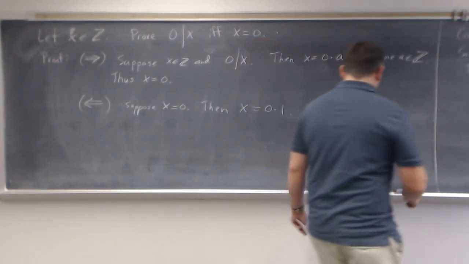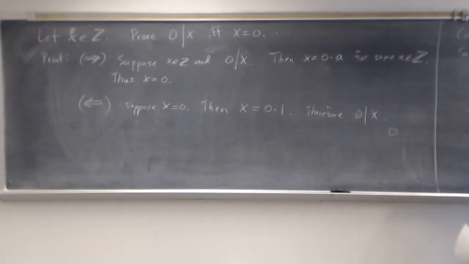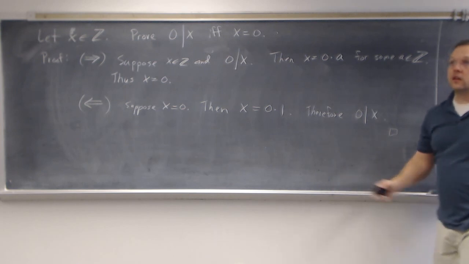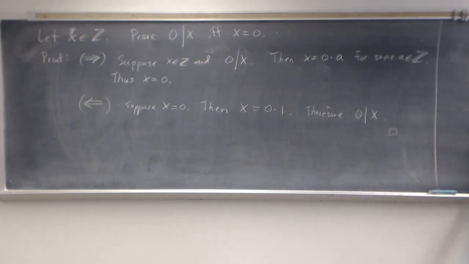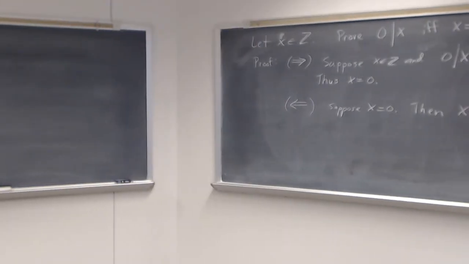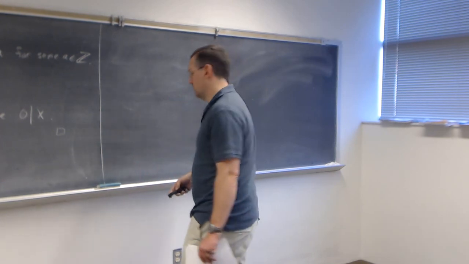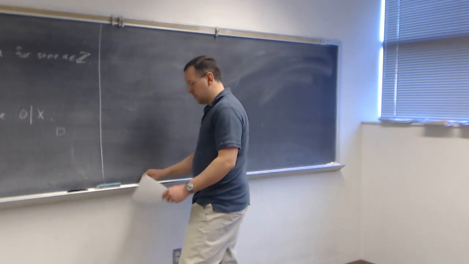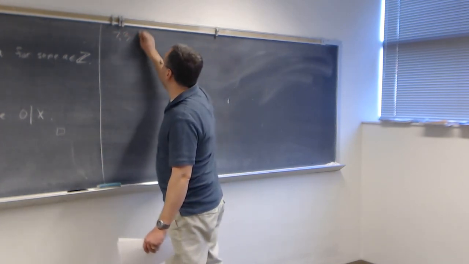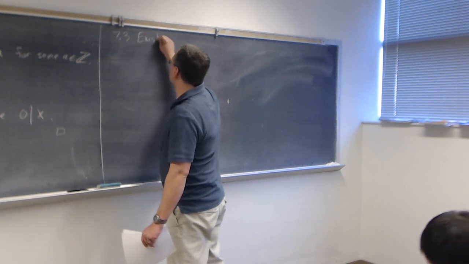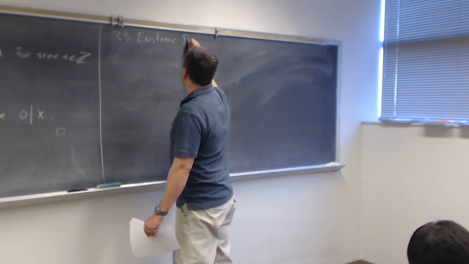All right. So then 7.3 talks about these existence proofs. That's the last thing I'm going to say in chapter 7. All right, 7.3, existence proof.